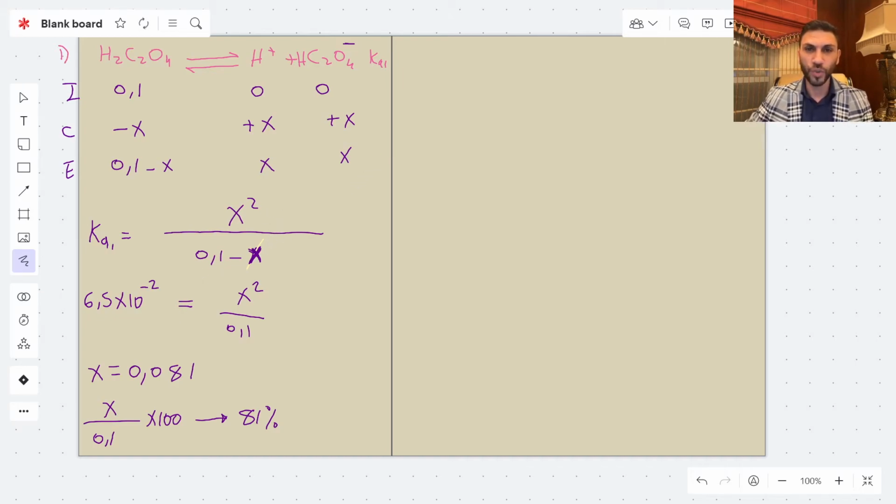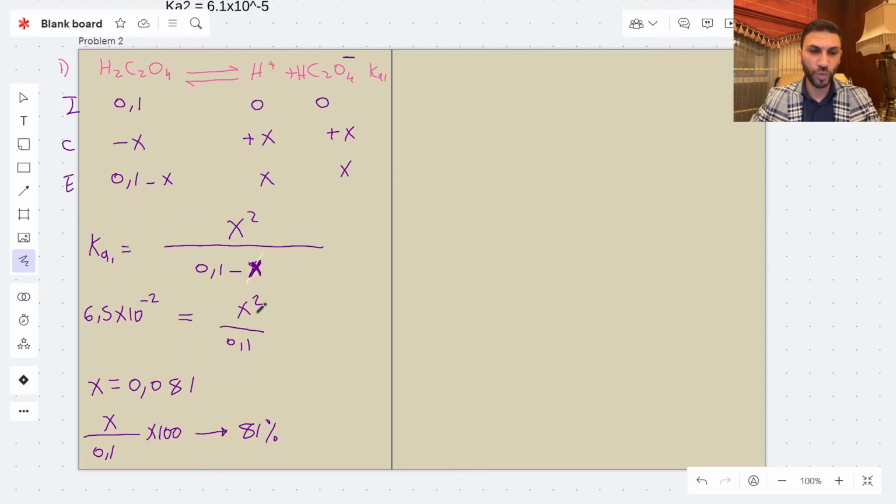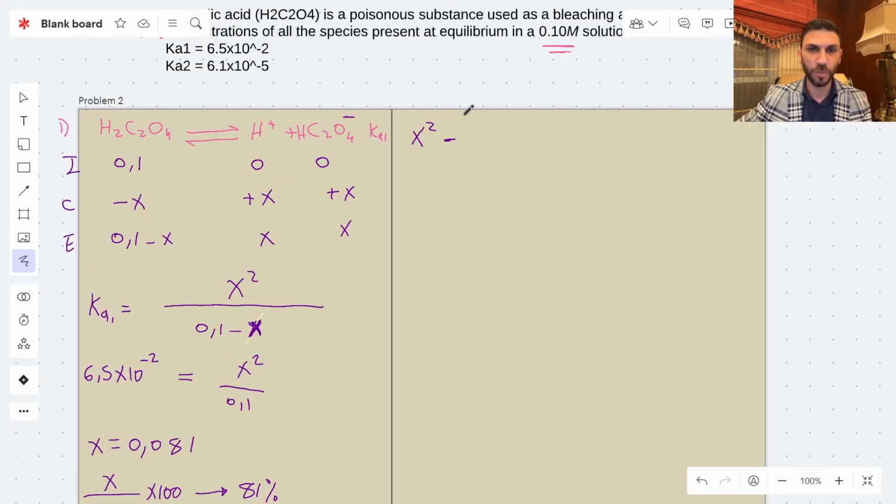And therefore, we're going to write the quadratic equation after we do the cross multiplication. So it's going to be x squared minus, because this is Ka1, 6.5 times 10 to the power of negative 2 x plus 6.5 times 10 to the power of negative 3, which equals 0.